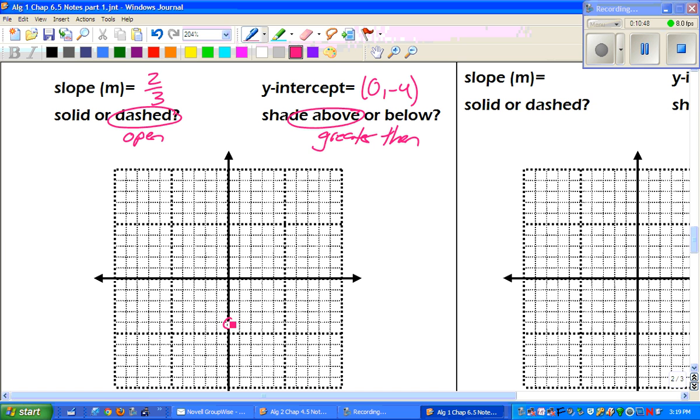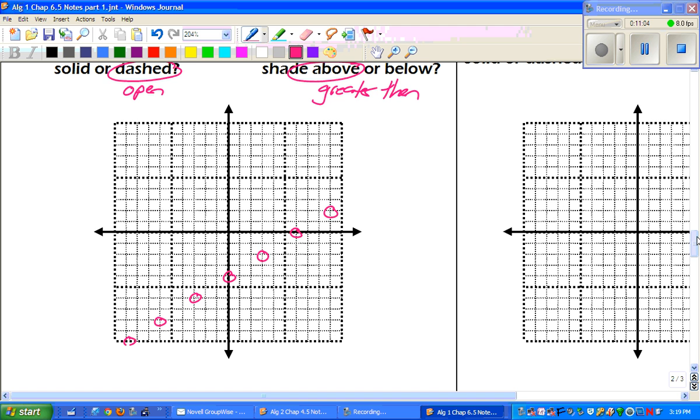So at -4 we start, up 2/3, up 2, 1, 2, 3, and then continue the pattern. Okay, it's a dashed line, so I'm marking our dashes. And it's greater than, so that means we shade above.